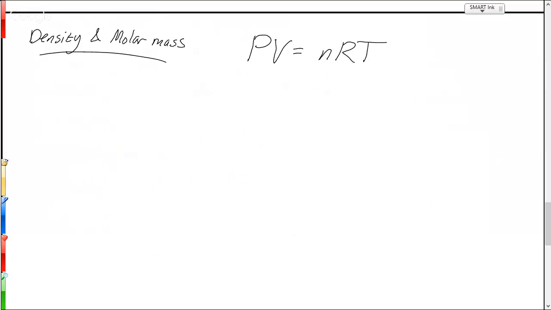And let's think about what some of these quantities actually mean. So n, number of moles, we can think of as the mass divided by the molar mass.